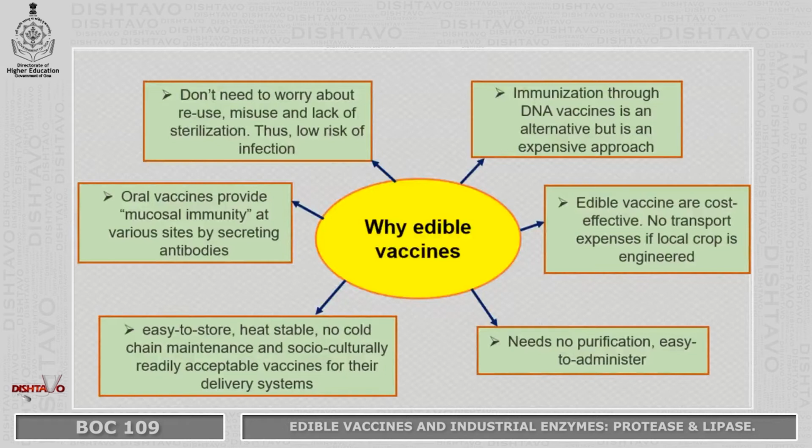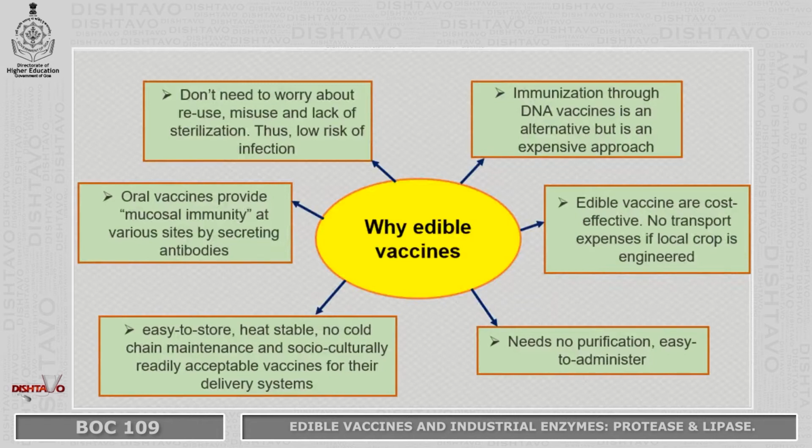Oral vaccinations, like the edible vaccines, provide mucosal immunity at various sites by secreting antibodies. There is no worry of reuse, misuse, or lack of sterilization, and so they have a very low risk of infection.